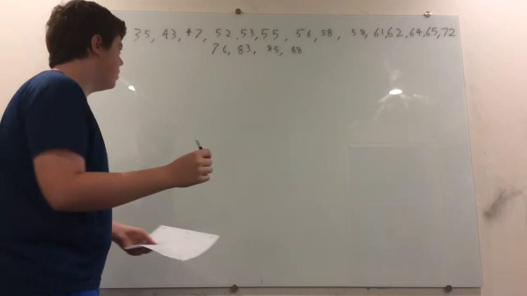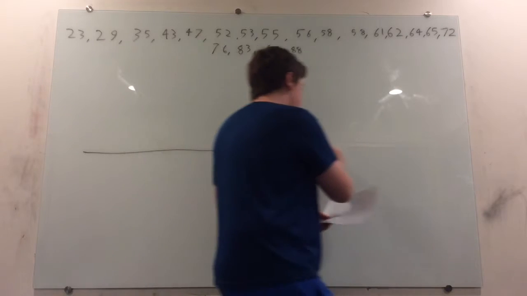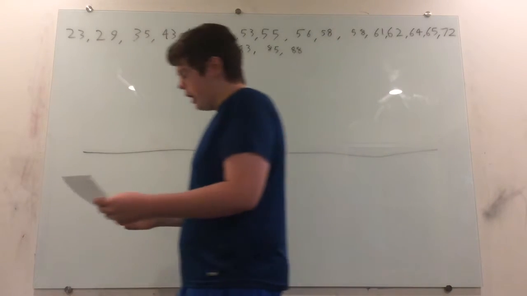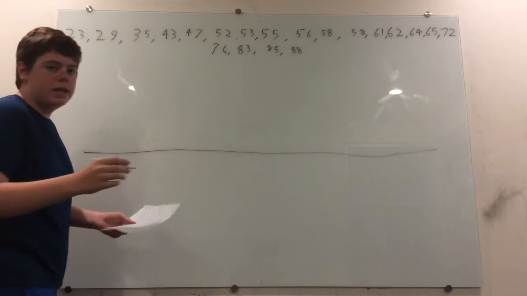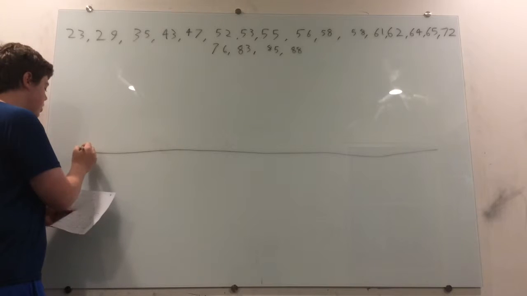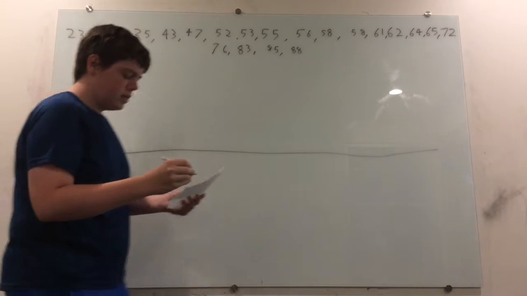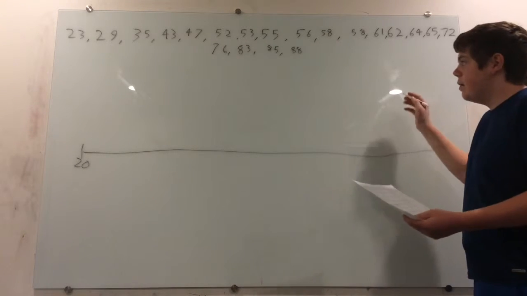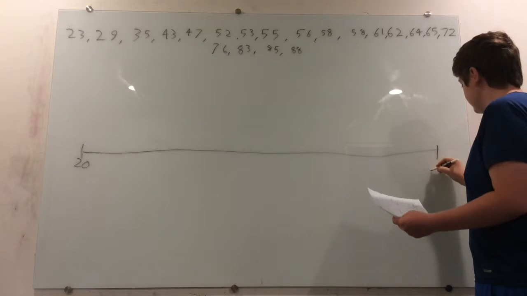Now a box and whisker plot is where you have a big long line, like a number line. You can see my lowest piece of data is 23, so our starting point can be 20. Our highest piece of data is 88, so we can have our maximum be at 90.